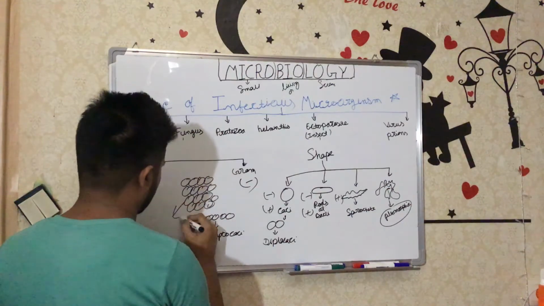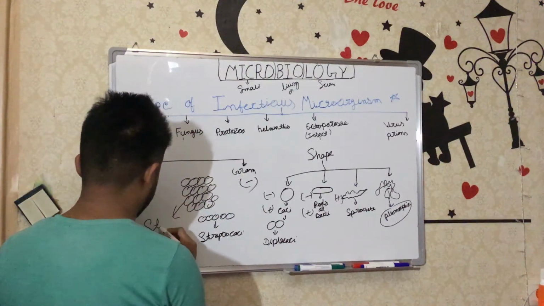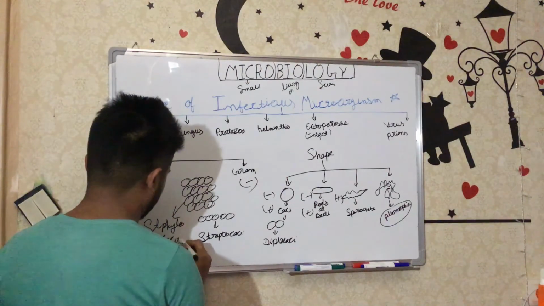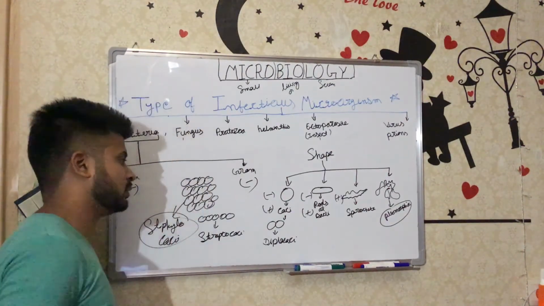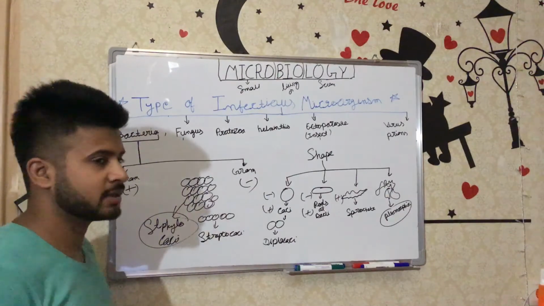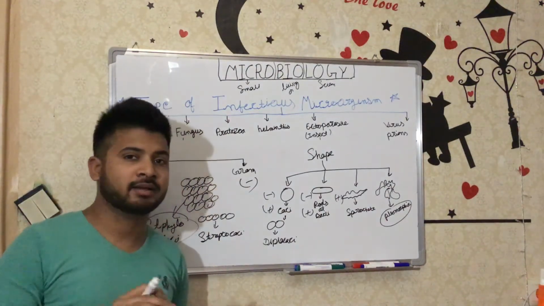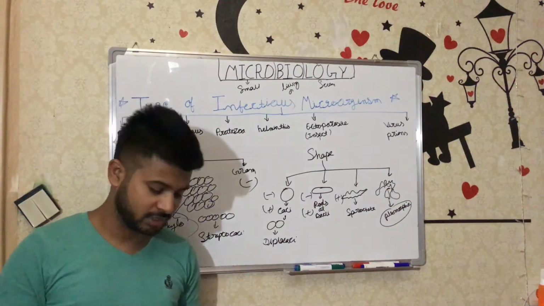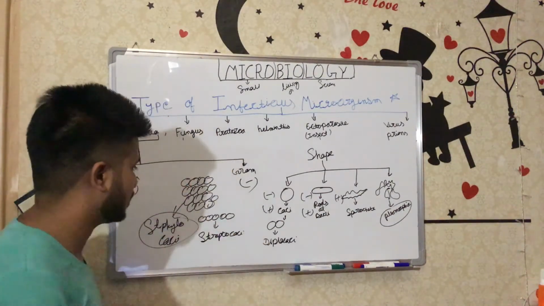So this is staphylococci. In a question you can meet information that the bacteria is grape-like in form, so you can think that grape-like form means staphylococci. That's why this is information you have to remember.